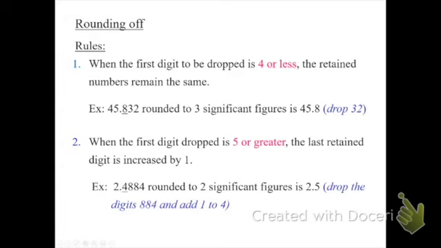Let's look at the rules for rounding off. Sometimes you will do the calculations and you are required to either round, or round up or round down. So we're going to learn how to use those rules. If the first digit to be dropped is a 4 or less, the retained value remains the same.